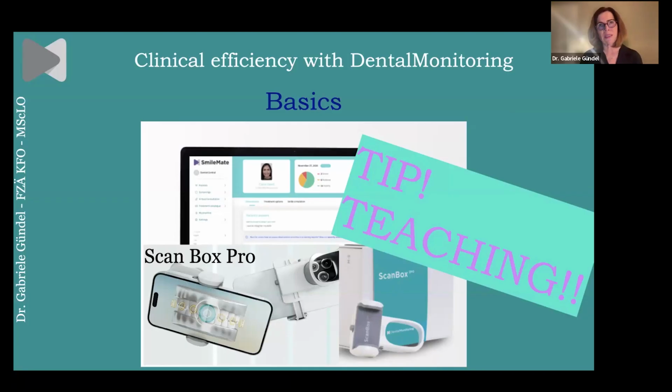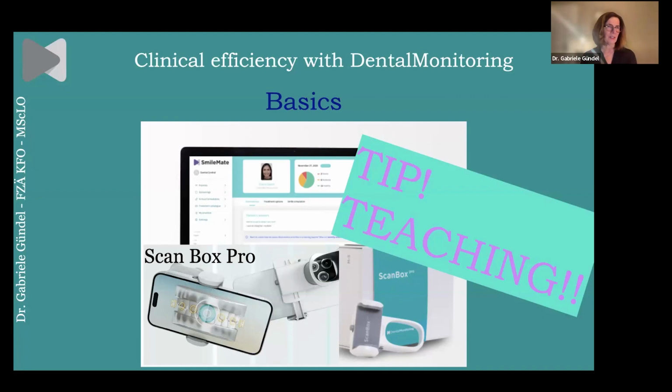The second reason is that you can define certain goals with dental monitoring. You can define, please give me the information when I reach class 1 occlusion on both sides. Another goal could be, please tell me when the midline is corrected in this patient.